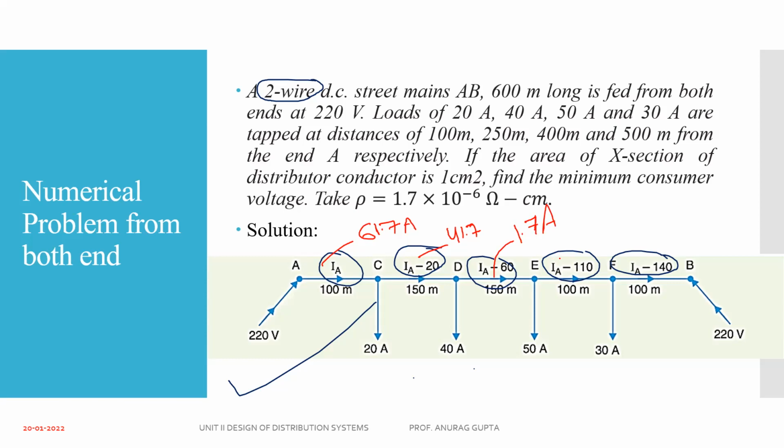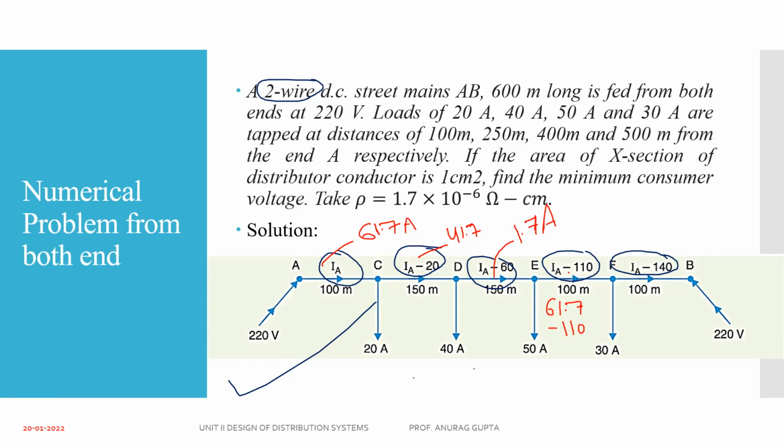Now you can see when I go 61.7 minus 110, we are getting the current in reverse condition. 61.7 minus 110, if I apply, we get minus 48.3 ampere.